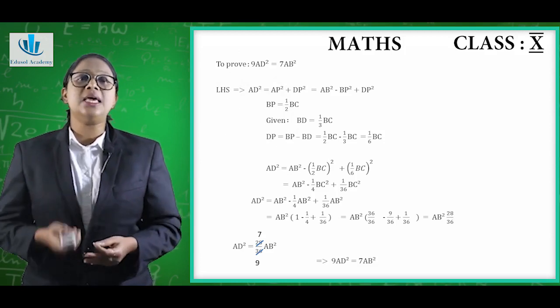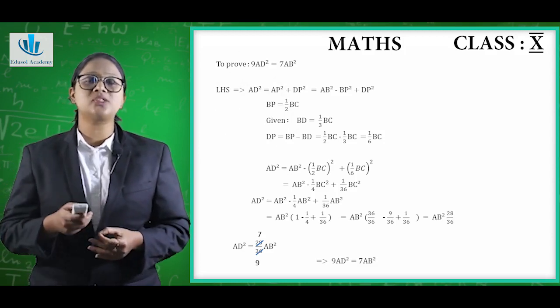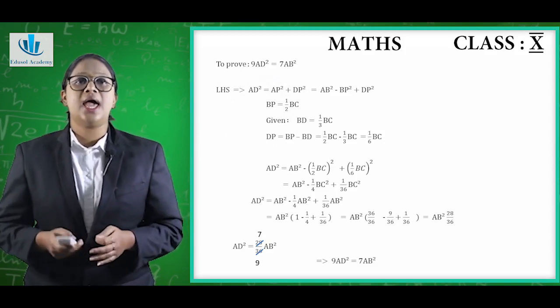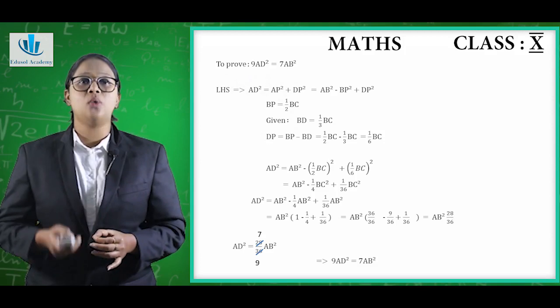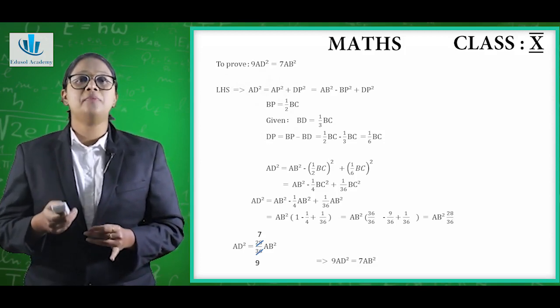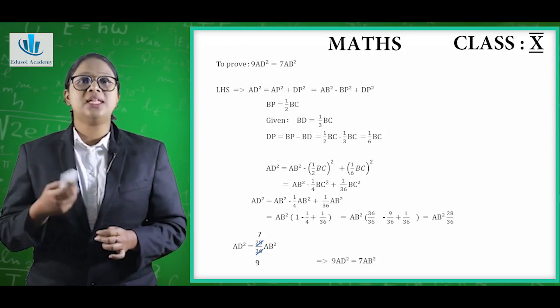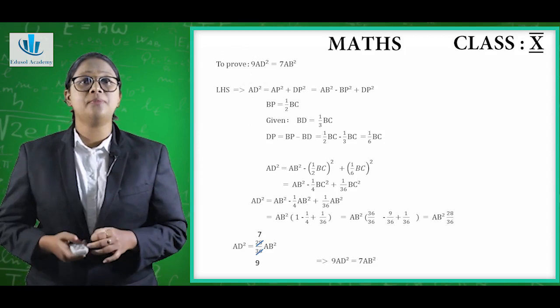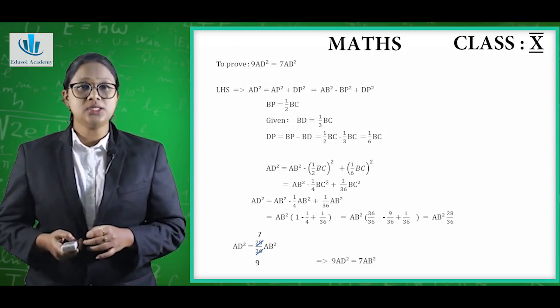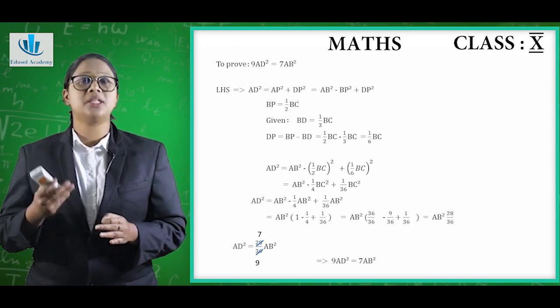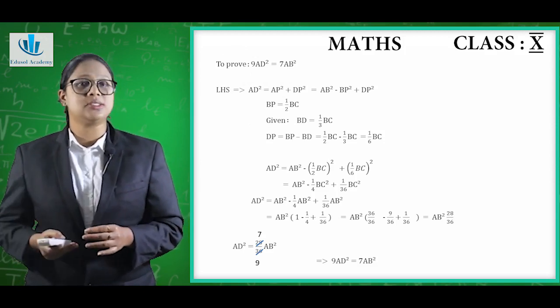As you can see, in the right hand side, AB square is common. So we can take AB square out, and in the bracket we have 1 minus 1 by 4 plus 1 by 36. Now in the next step, we have taken LCM for all the three. So that will become AB square into bracket 36 by 36 minus 9 by 36 plus 1 by 36.